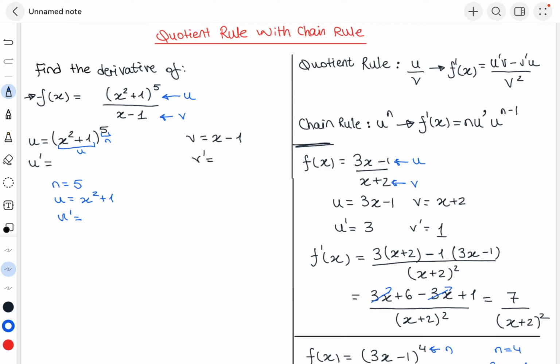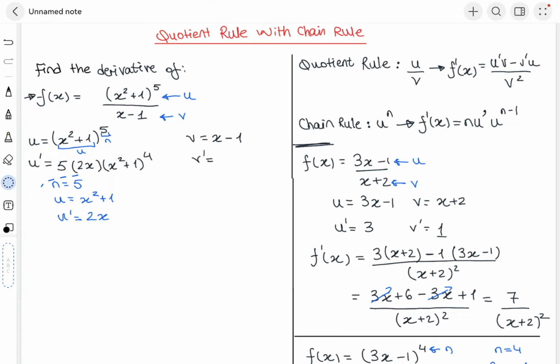The derivative of x squared is 2x, and the derivative of 1 is 0. And now we just replace. So n, which is 5, u prime, which is 2x, multiplied by x squared plus 1 to the power of 5 minus 1, which is 4.